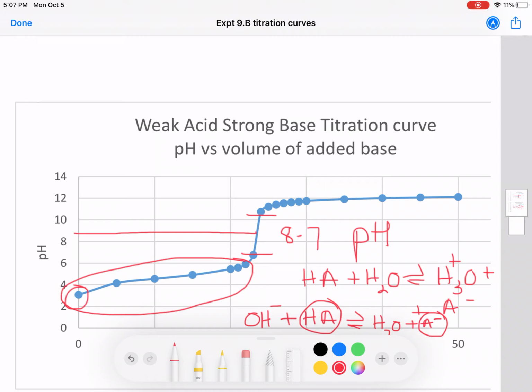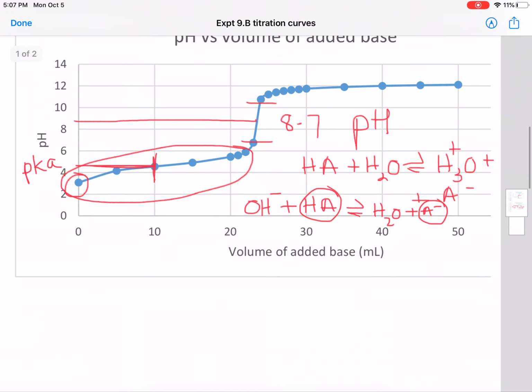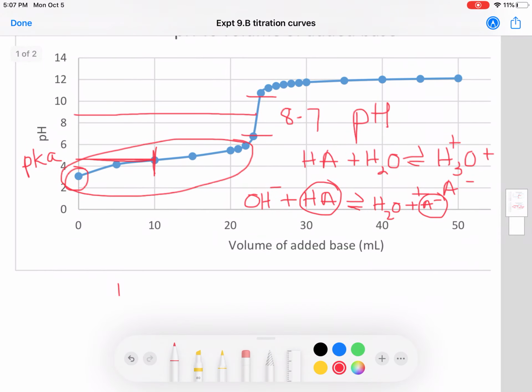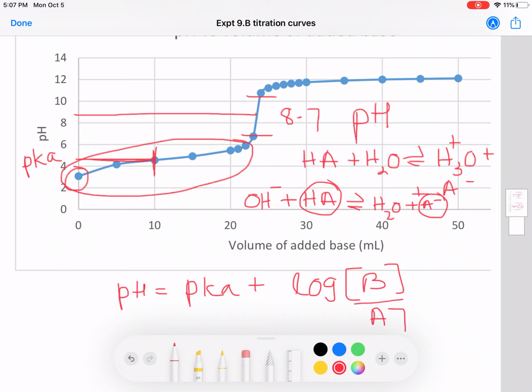So if you find the midpoint over here on this graph, and then you find the pH of the midpoint, that is basically the pKa of the weak acid. Remember the Henderson-Hasselbalch equation? pH equals pKa plus log of conjugate base over conjugate acid.